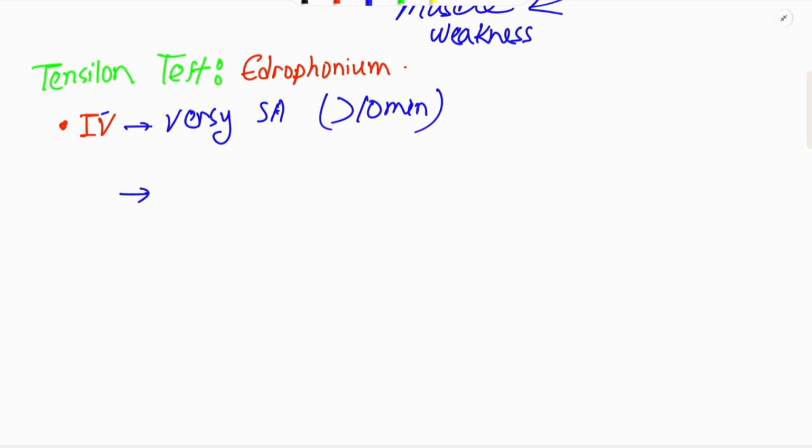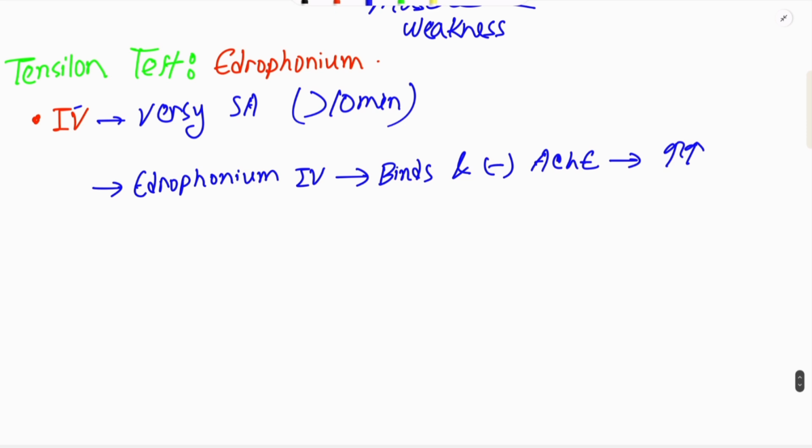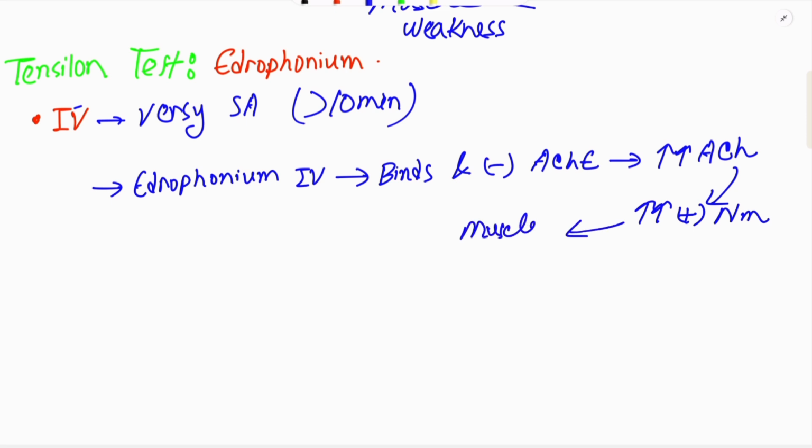Edrophonium is given IV. It binds and inhibits acetylcholine esterase enzyme. As a result, there is increased concentration of acetylcholine in the synaptic cleft. So there is increased stimulation of the NM receptor, and muscle is stimulated. So the muscle weakness is lost temporarily.